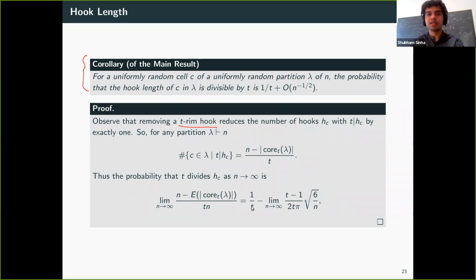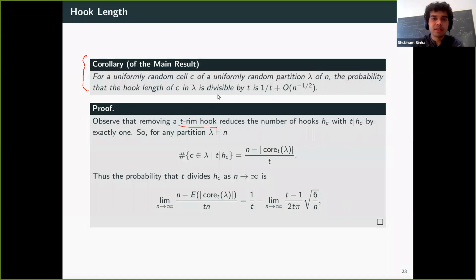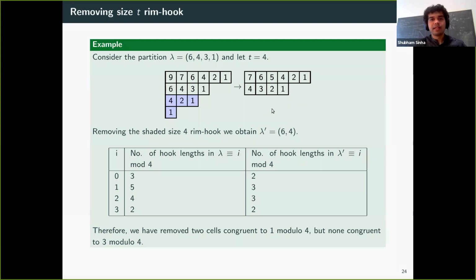So this was nice, and this is a simple corollary to the main result of our paper. But what happens when we ask not just divisibility by t but any modulo class? Then the above proof breaks down. Let me show you this example.